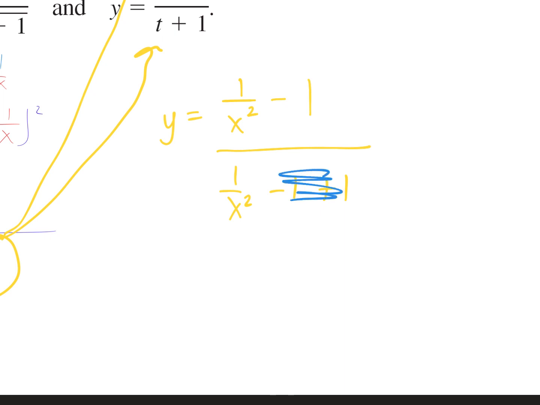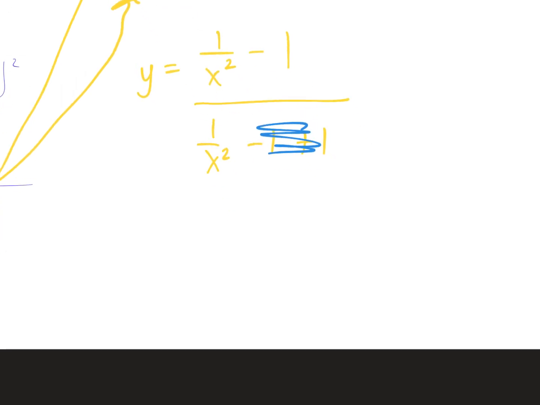Would it be easier if you solve the 1 over x squared minus 1? Can you multiply? So you keep change flip.